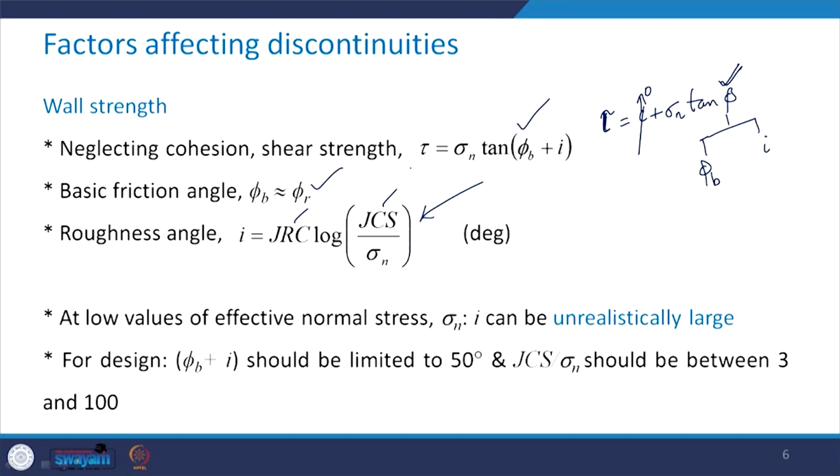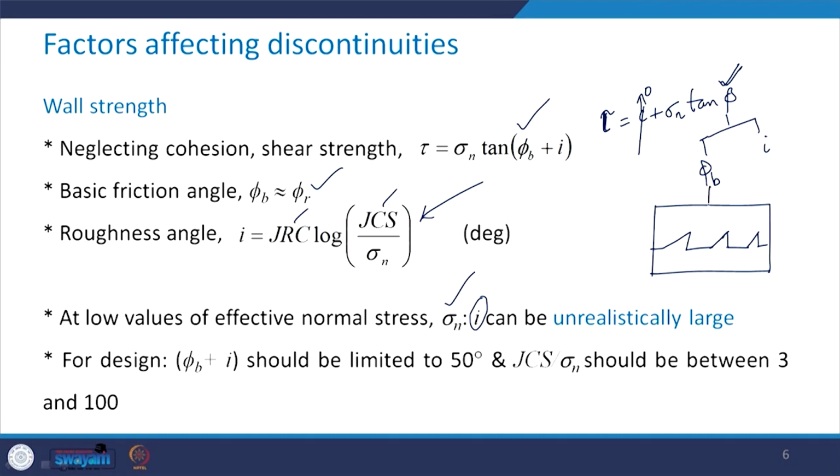At low values of effective normal stress, sigma n, this value of i can be unrealistically very large. Let us say that you have these regular teeth.